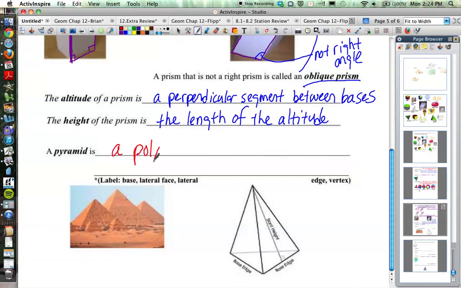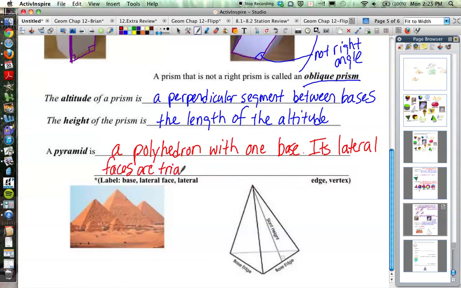Its lateral faces are triangles that meet at one point called the vertex.